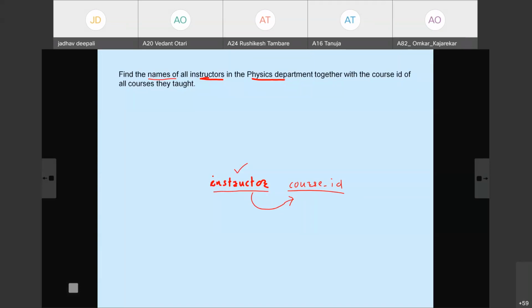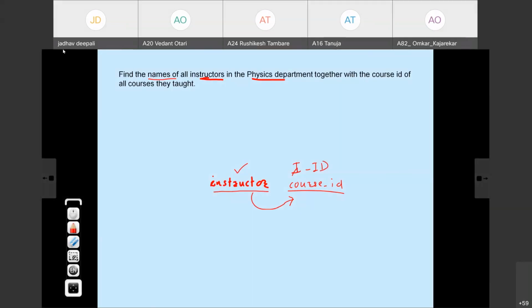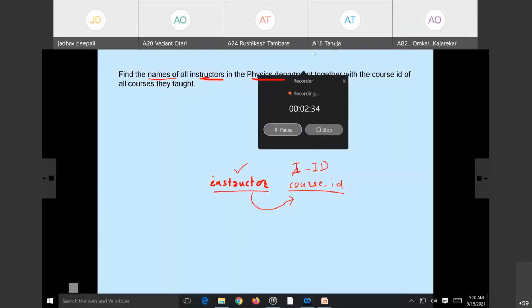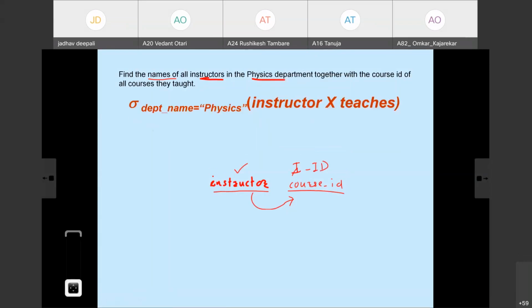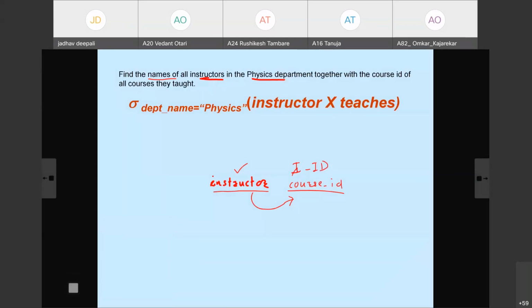One where the instructor ID and course ID are available, because we want the courses taught by that particular instructor. Correct. So it is the teachers relation, where the course ID and instructor ID both are available.